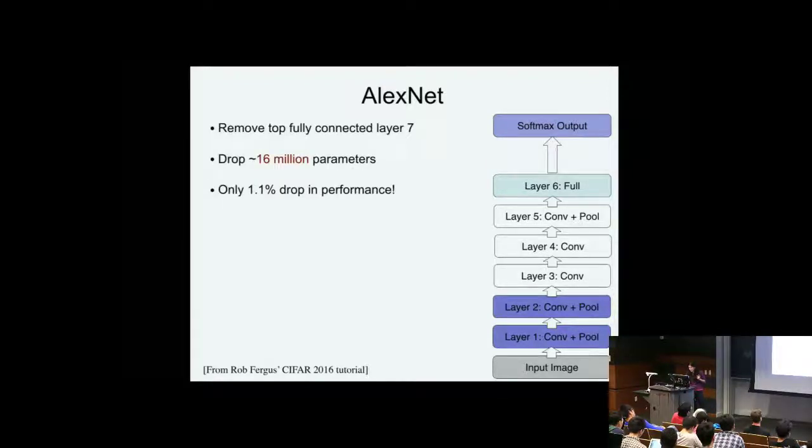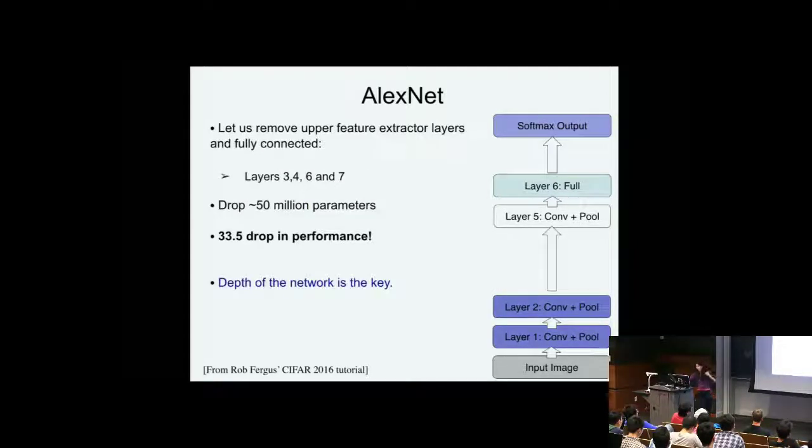Interestingly, if you remove the top fully connected layer, which has that many million parameters, you have a tiny drop in performance. While if you remove many other layers and make it shallow, you have a huge drop in performance.